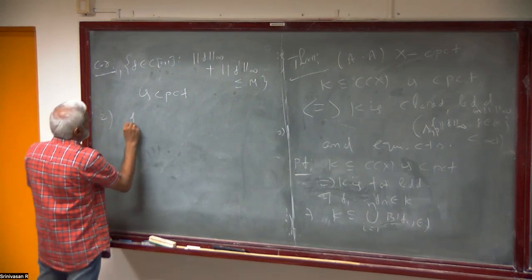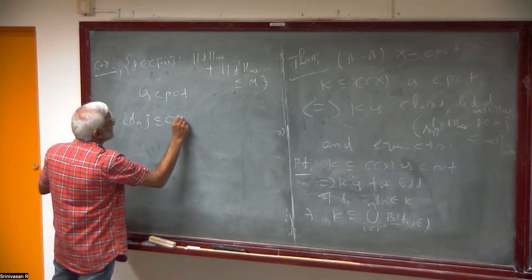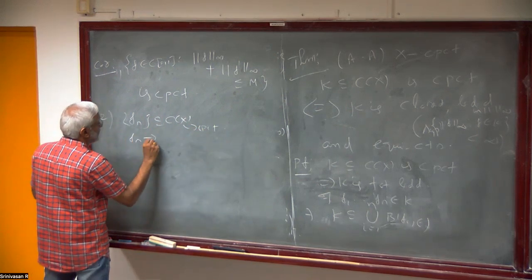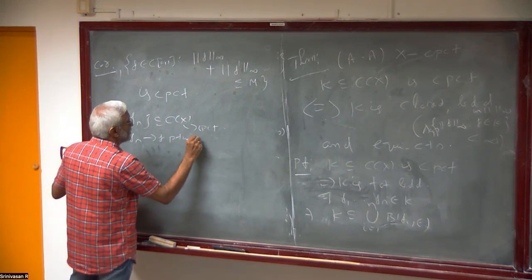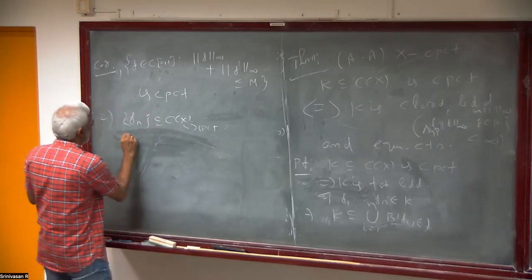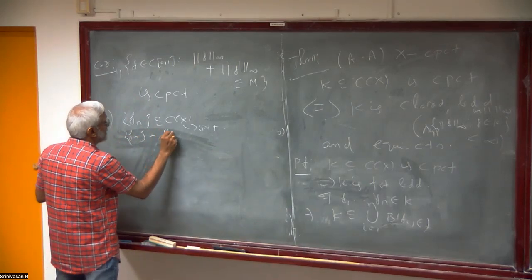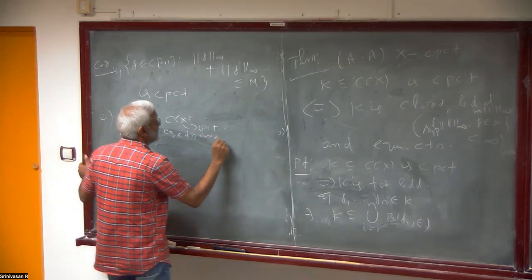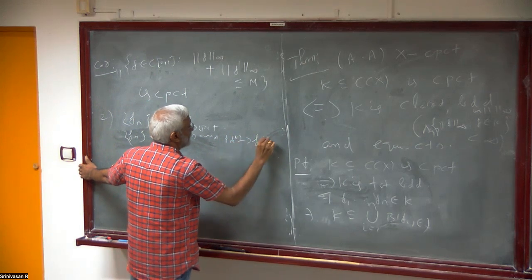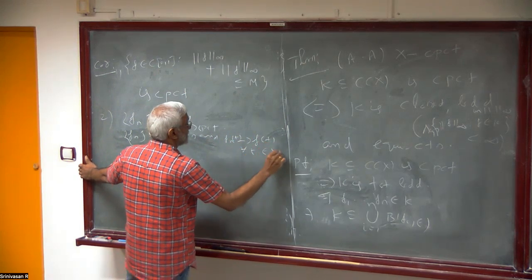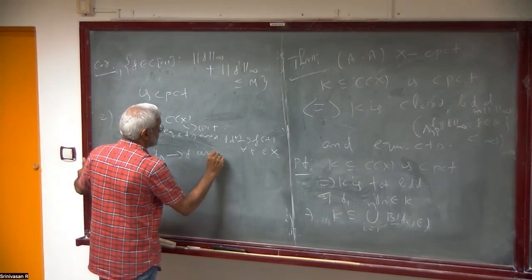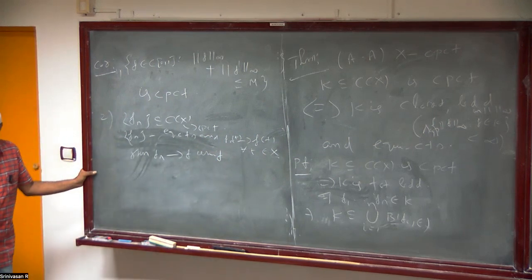Second corollary, as I said: Fn contained in C(X), X compact. Then Fn converges to F pointwise, and Fn is equicontinuous. So if Fn is equicontinuous and Fn converges to F pointwise for all t, then Fn converges to F uniformly.